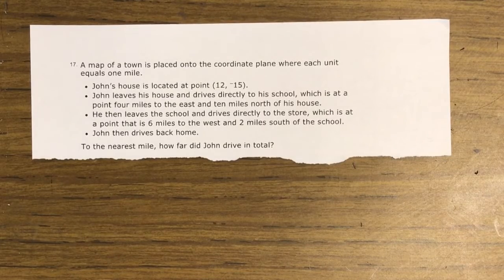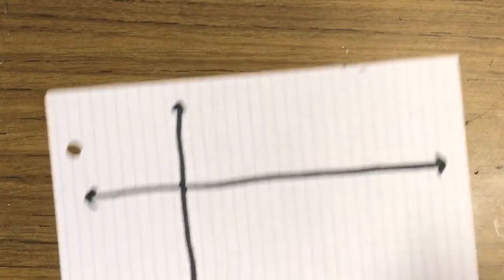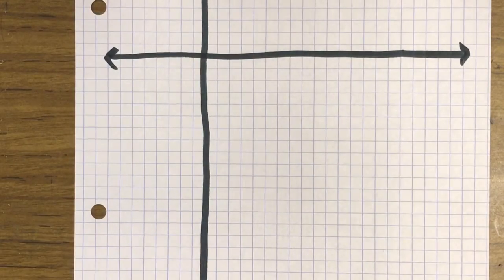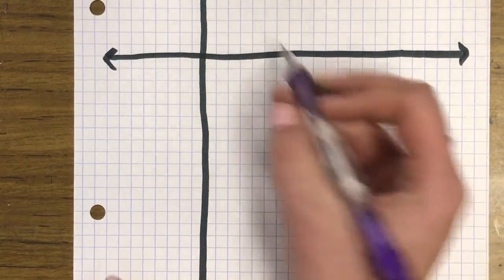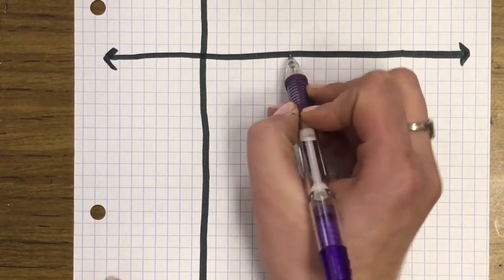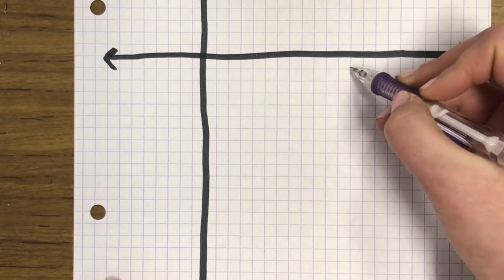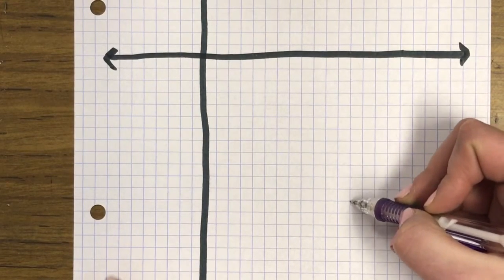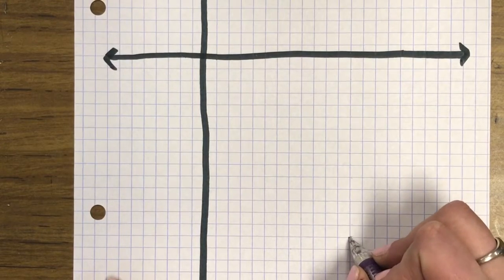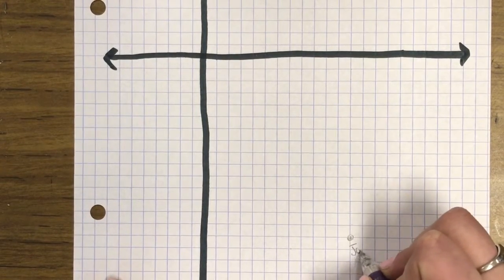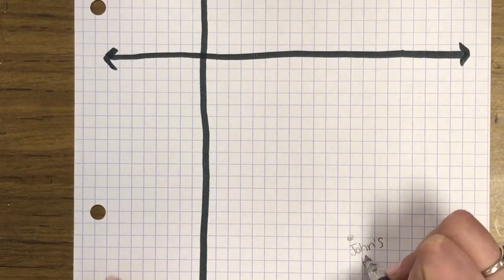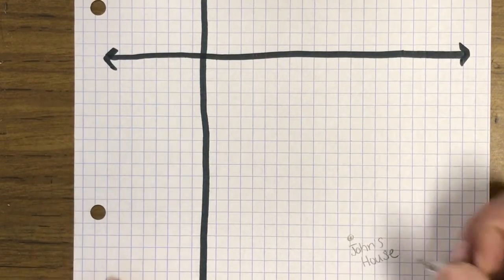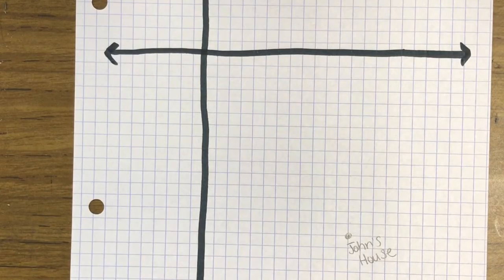So the very first thing that I'm going to do with this problem is sketch it out and see what it actually looks like on the graph. I'm going to start by graphing John's house at the point (12, -15). There's John's house.